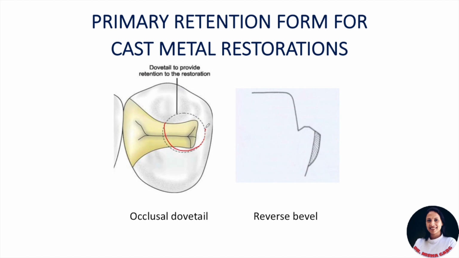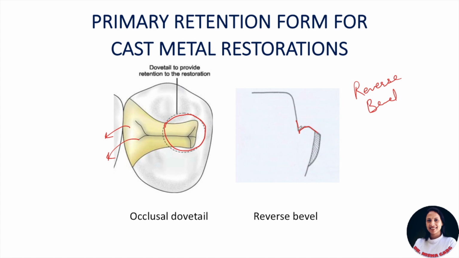Another feature of primary retention form for cast metal restoration is the occlusal dovetail. You can see this dovetail on the occlusal surface, which prevents the horizontal displacement of the cast metal restoration as we saw in the amalgam restoration. We can also provide primary retention to cast metal restorations by placing a reverse bevel in the dentinal part of the cervical wall towards the axiogingival line angle.